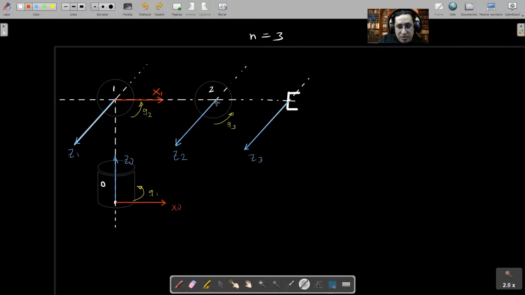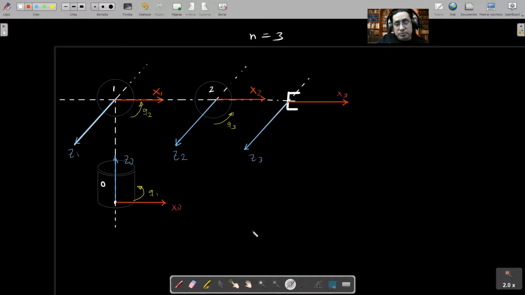Let me choose the line, this is a straight line here. Okay, and this is going to be x2, and of course this is going to be x3. In the case of the end effector, we have a lot of freedom, but again, I repeat, we're going to choose the simplest possible solution.